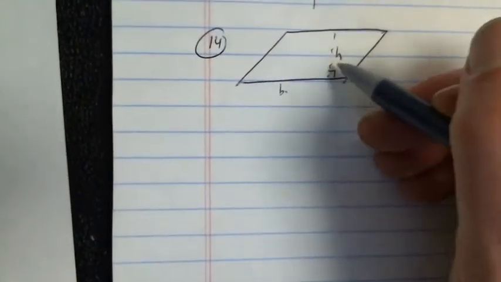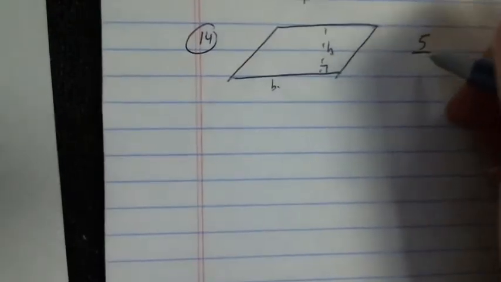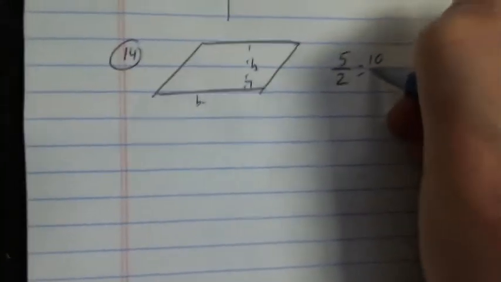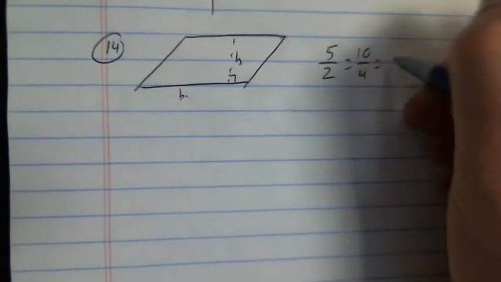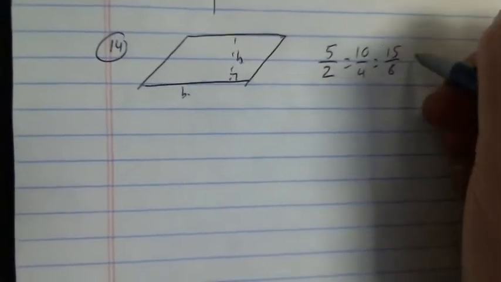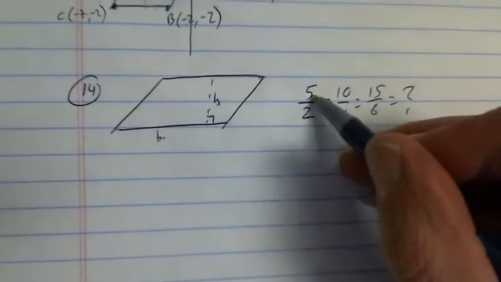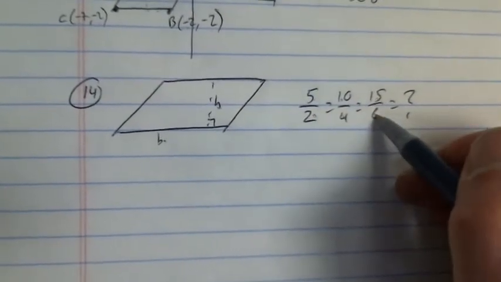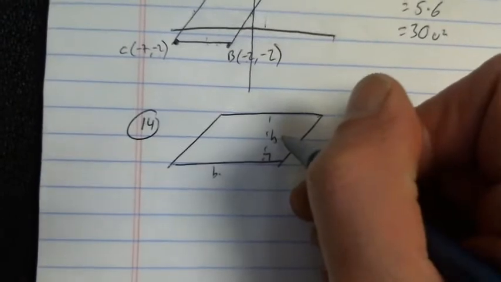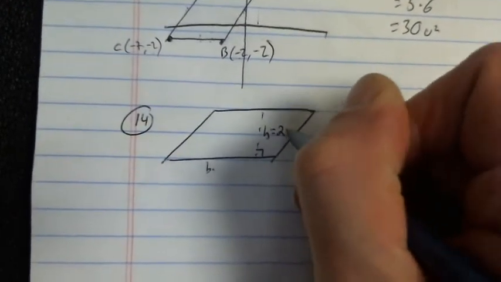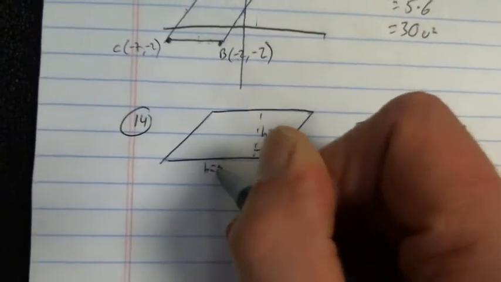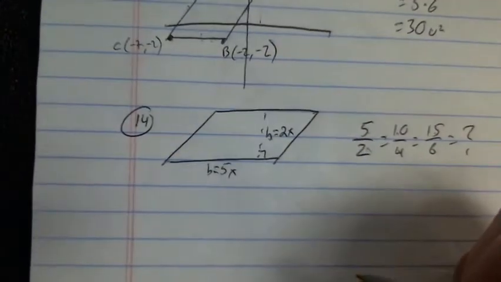Or this could be 10, this is 4. 5 to 2 could be 10 to 4, could be 15 to 6, could be who knows what else. But it's 5 times something, and 2 times something is going to be our answer. So let's make h 2 times something, and b 5 times something.